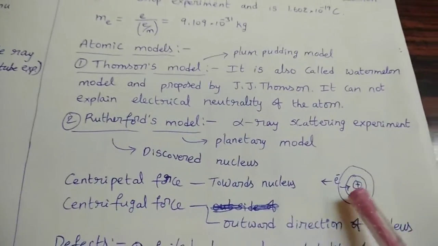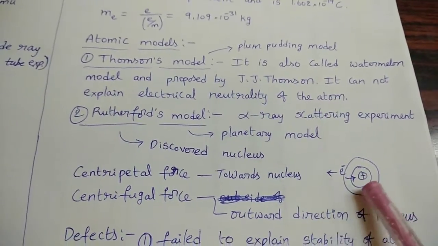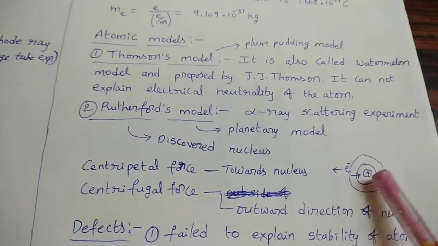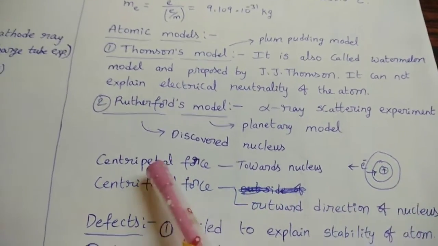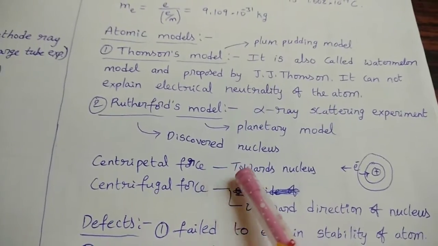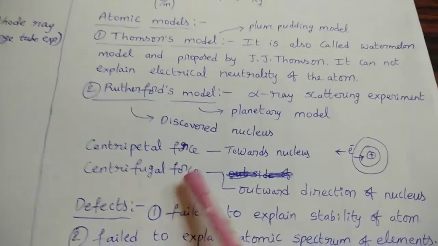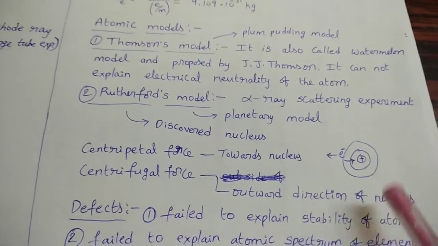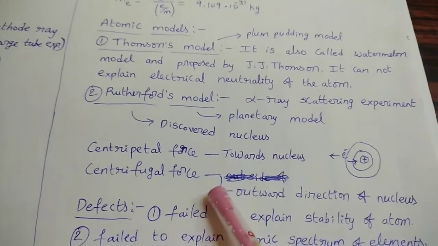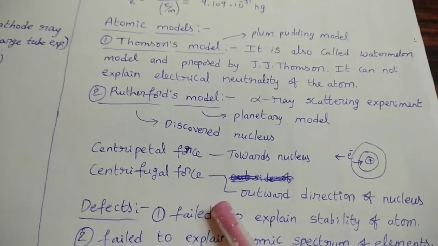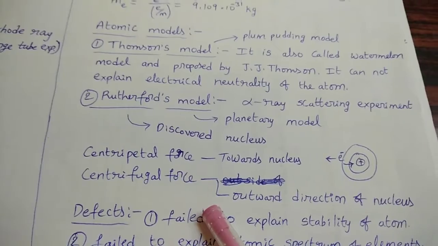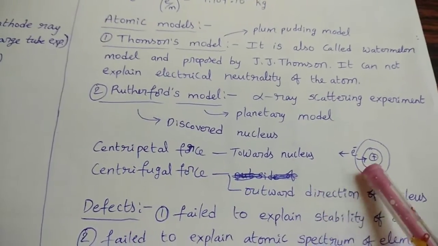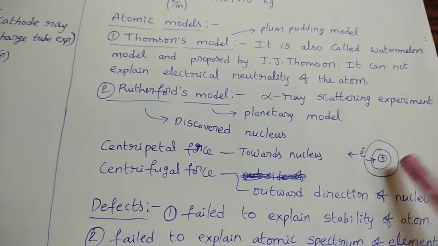Now, between the electron and the positively charged nucleus, an attractive force is there, that is centripetal force acting towards the nucleus, and centrifugal force acting in the outward direction from the nucleus. These two forces are equal and working in opposite directions. That's why the electron is revolving around the nucleus.